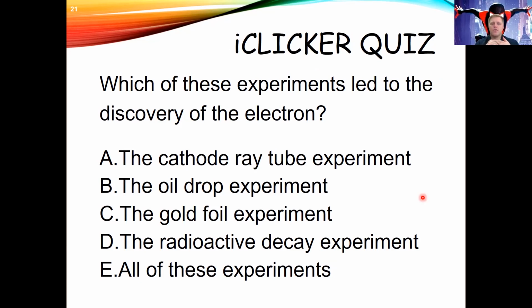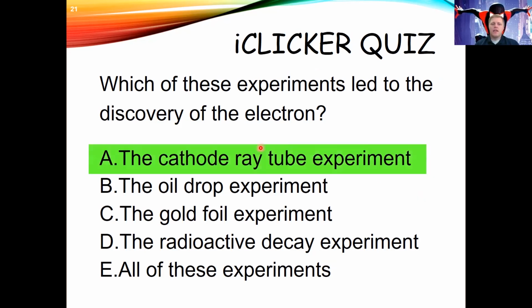All right, so let's walk through each of these. The cathode ray tube experiment is the correct answer. That is where we saw this new thing, could have been ether, but it was electrons. And we saw it being attracted to a positive plate. The oil drop experiment was then used to determine the charge of those electrons, right?